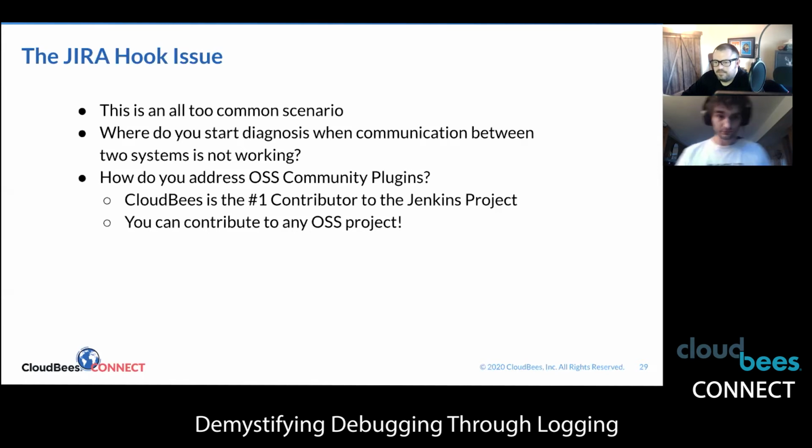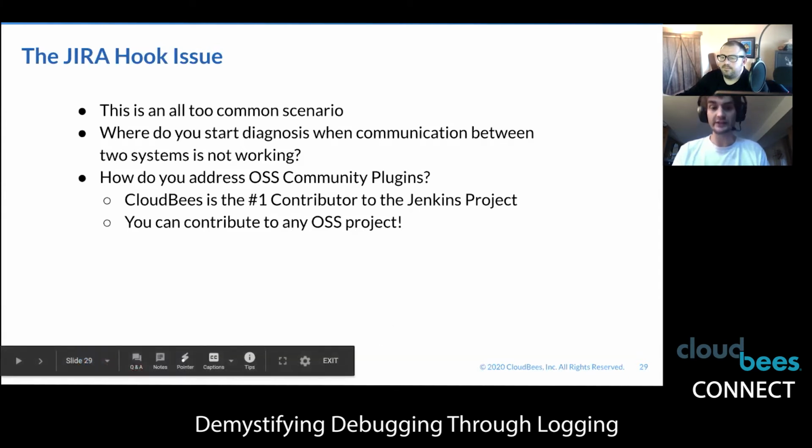Additionally, within those particular external pieces, there's usually a plugin that interacts within Jenkins, and these are a lot of times open source plugins. CloudBees contributes a lot to these plugins and makes sure that there's some sort of standard and that there are good test cases in place. But a lot of times it's just misconfiguration issues, misuse issues. Maybe you've run into a completely new use case that no one else has done before.